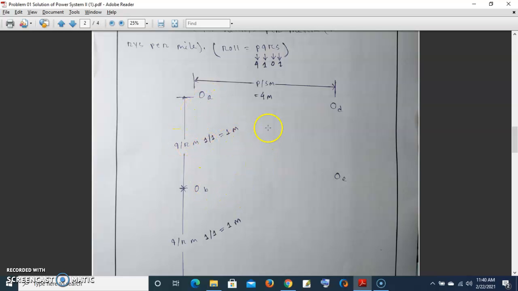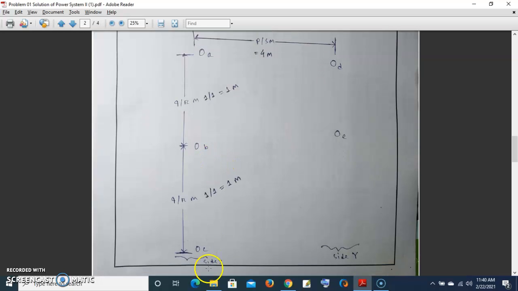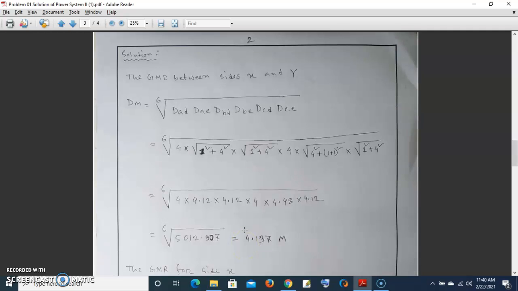Here AB is 1 meter, and likewise BC is also 1 meter inside X. Now I get the solution.